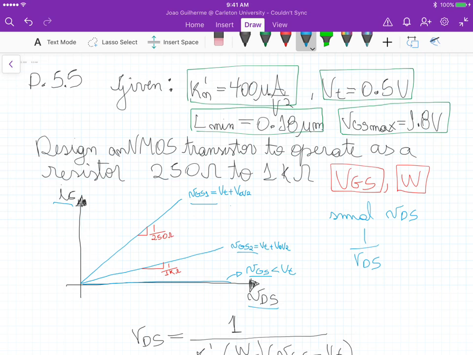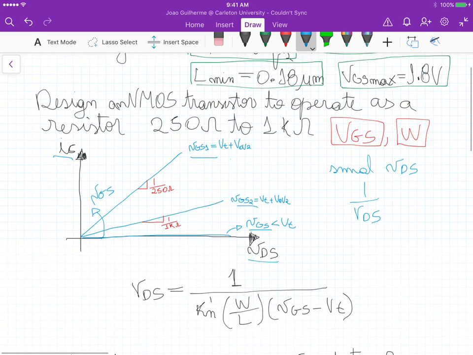So if we increase the value of VGS, we basically decrease the value of the resistance, or increase the slope of the curve. If we have a VGS that's less than the threshold voltage, this resistance is going to be infinite.